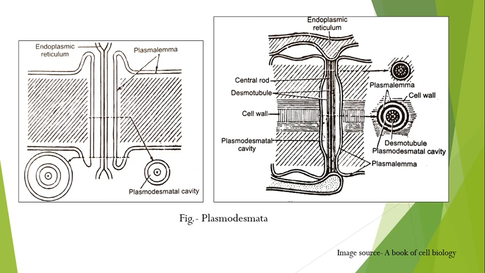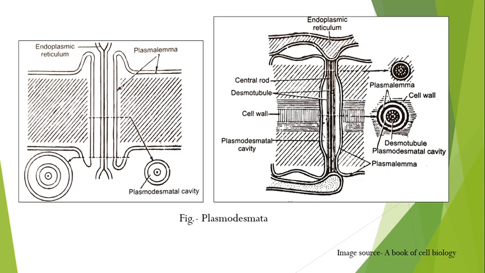This desmotubule is continuous with elements of the endoplasmic reticulum membrane of each of the connected cells. Between the outside of the desmotubule and the inner face of the cylindrical plasma membrane is an annulus of cytosol, and it is constricted at each end of the plasmodesmata. These constrictions may regulate the flux of molecules through the annulus.